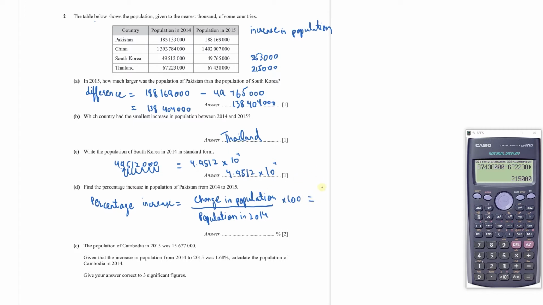So how much is the change in population? In 2015 it's 188,169,000 minus 2014, which is 185,133,000, divided by the population in 2014, which is 185,133,000, times 100. So let's calculate it.